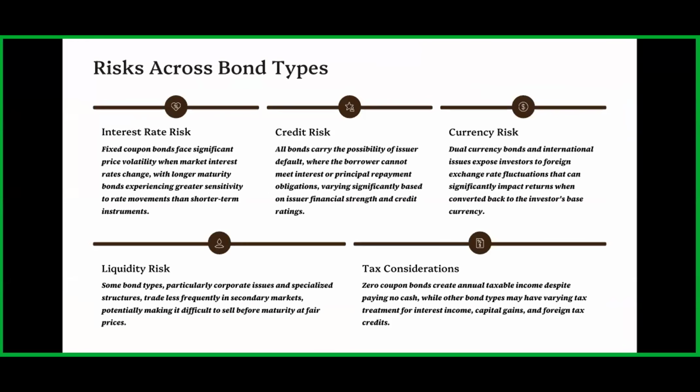When the investor invests in a fixed interest rate bond, there is no interest rate risk in such a type of bond, but in the floating rate note, or in the dual currency note, there is always the interest rate risk. The fixed coupon bond faces significant price volatility when the market interest rate changes. Longer maturity bonds experience greater sensitivity to rate movements than shorter term instruments.